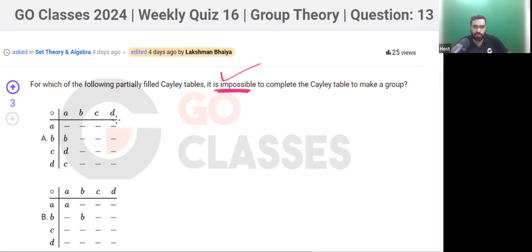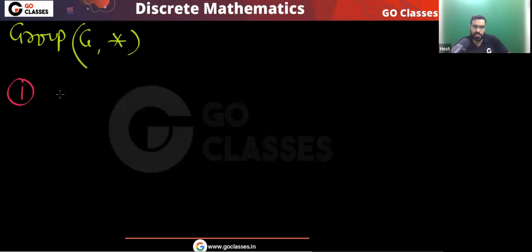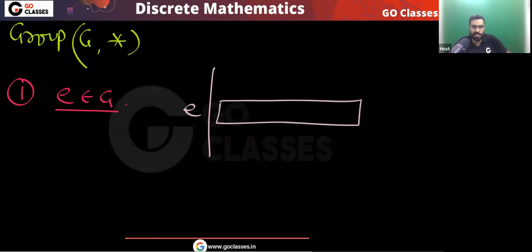What will be my first step? I need an identity element. If you have a group G, star, one thing you need is an identity element. In the Cayley table, there must be some element whose row is the same as the header.